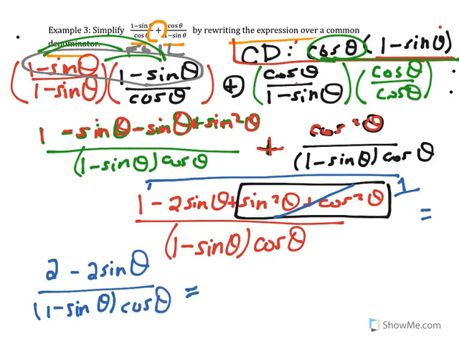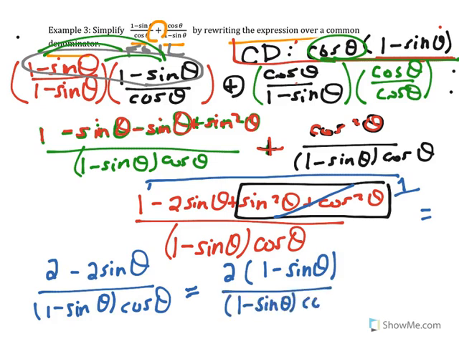Okay? And last but not least, something nice will usually happen. We see on top we have a 2 minus 2 sine theta. Both of those terms, the 2 and the 2 sine theta, have a 2 in it. Factor out the 2. We get 1 minus sine theta over my common denominator. Now hopefully at this point you're still with me, and we're going to say, okay, what is the same on top and bottom?